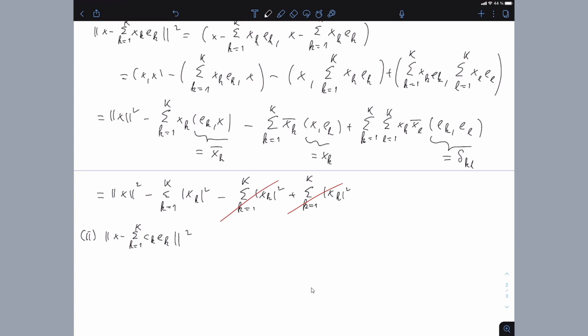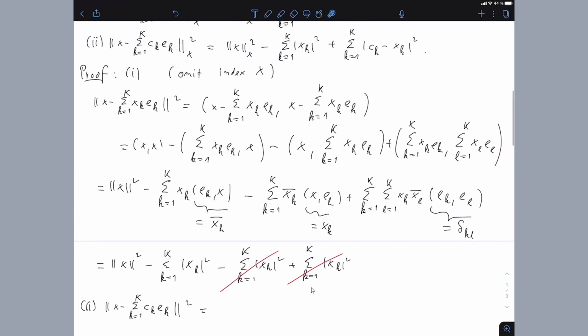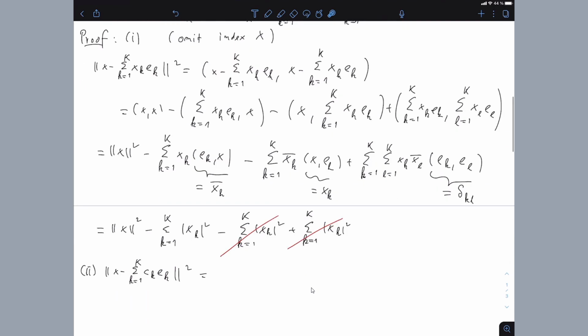So let's try to compute this. And you see that we need to get in the x_k somehow. Otherwise we will never end up with the right-hand side that we are looking for. So the first thing that we will do is we insert these x_k.